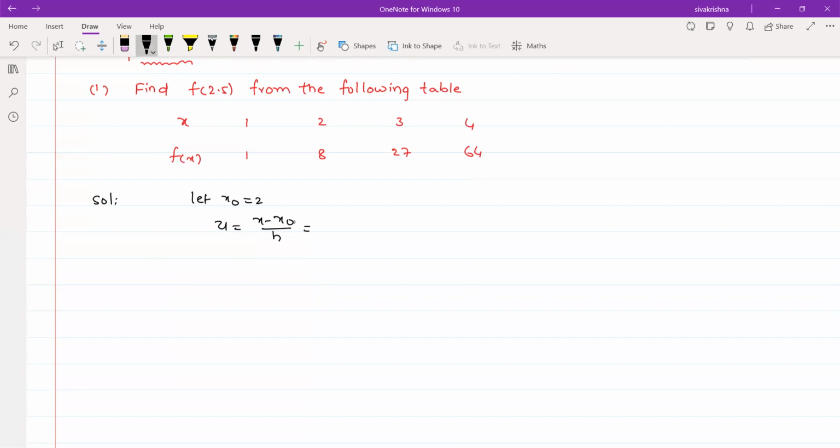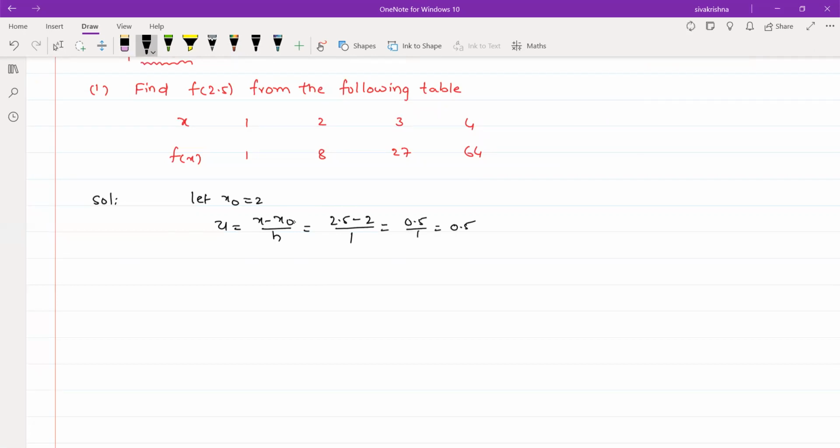So here x is 2.5, x naught is 2, and h is the interval of difference. If you observe the x values, the difference between the x values is 1, so h is equal to 1. So we get (2.5 minus 2) which is 0.5, by 1. This is equal to 0.5.